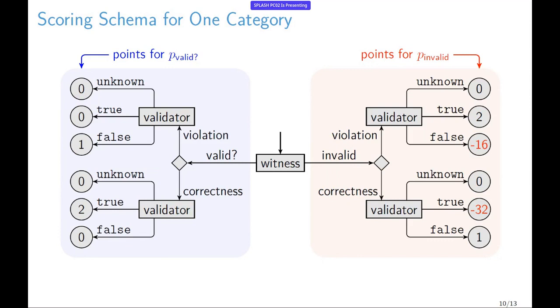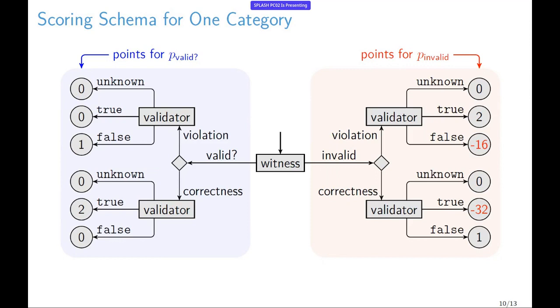And for the other side, for the validation with valid results, we only use the positive output, because we cannot really judge whether the witness is truly valid or not, right? It might be that the validator would, for example, refute a witness that we considered valid, whether this is correct or not.